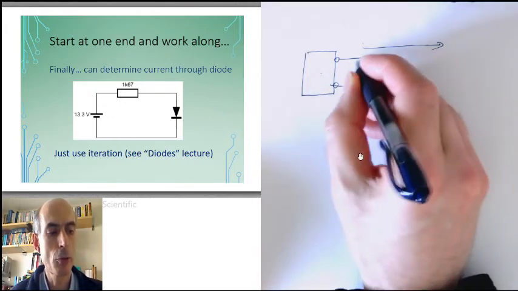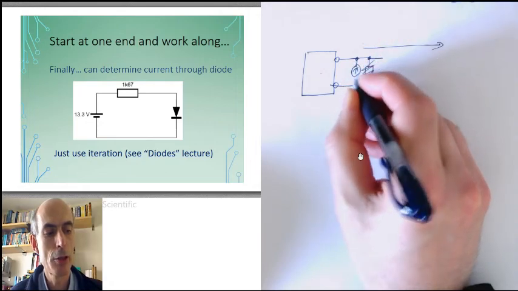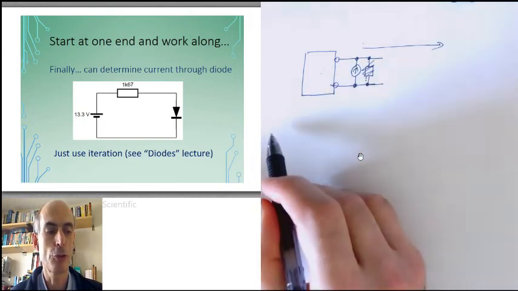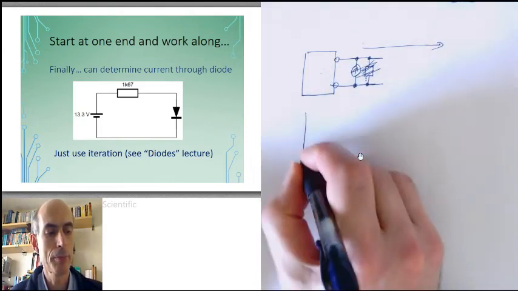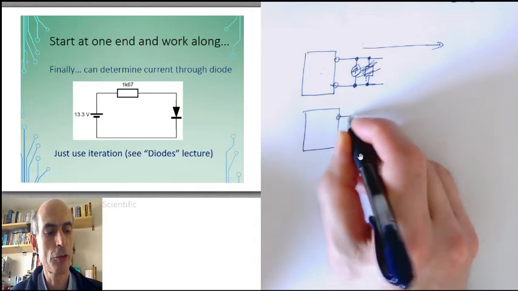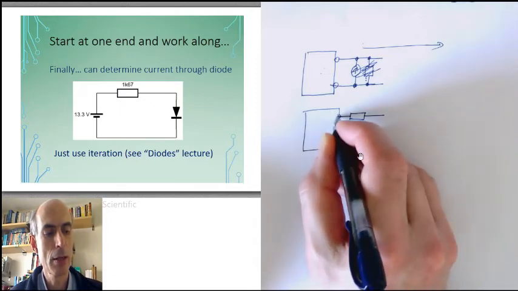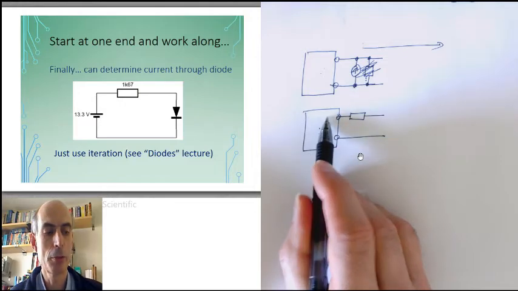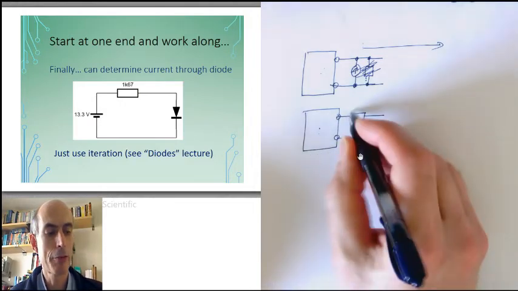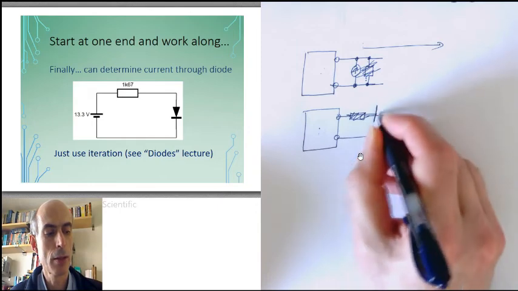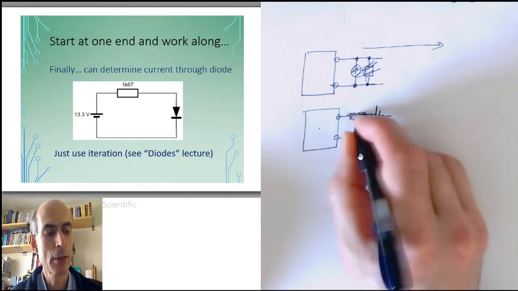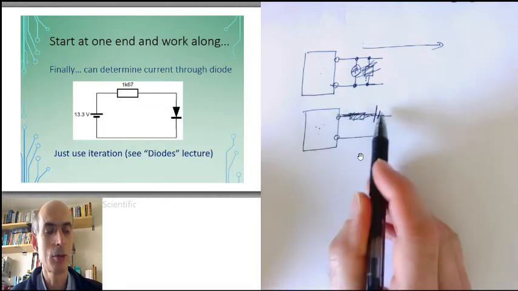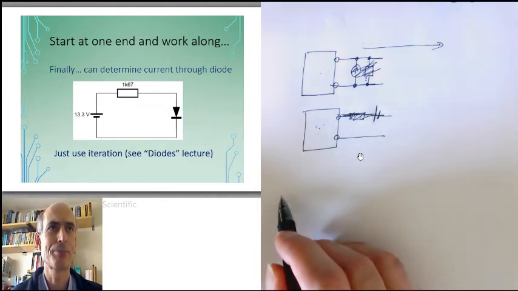Similarly, if the next component was a current source, you would need the Norton equivalent here so you could combine the 2 current sources. On the other hand, if the next component was a resistor in series like this, then you'd want the Thevenin equivalent network here so you could combine the 2 resistors. And if the next component was a voltage like this, then you would want the Thevenin again, because it's easy to combine these two voltages.